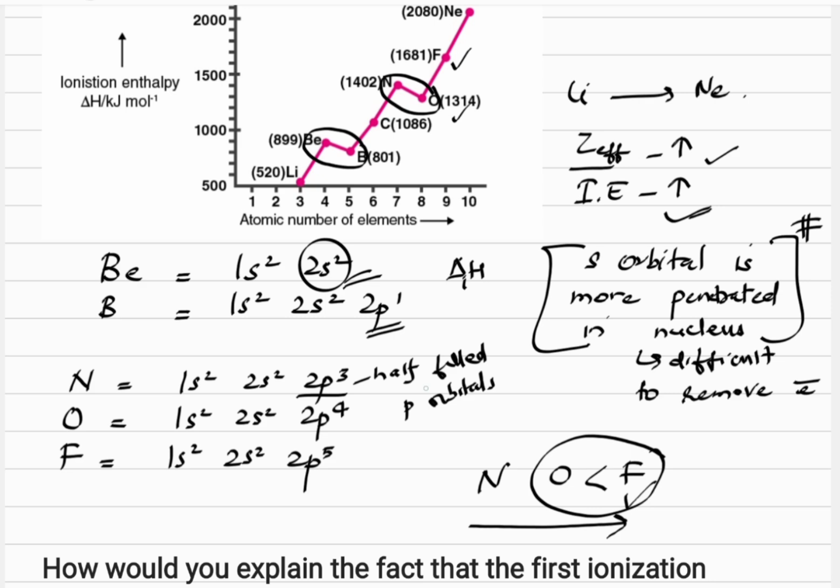Okay. So half-filled p orbital in case of nitrogen imparts it extra stability. That is why it's not very eager to lose the electrons. That is why you need to give more energy to remove the electron, and hence ionization energy of nitrogen is higher than that of oxygen.